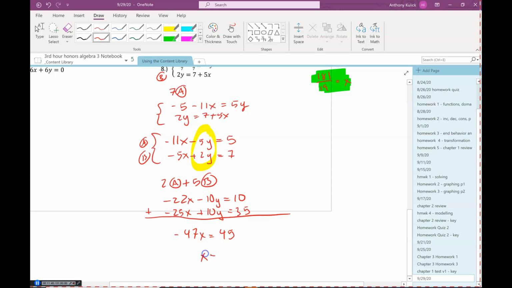And then to get my y, I'm just going to plug that back in. So the place I would plug it into is here, into equation B. But it doesn't really matter. So 5 times 45 is 225.